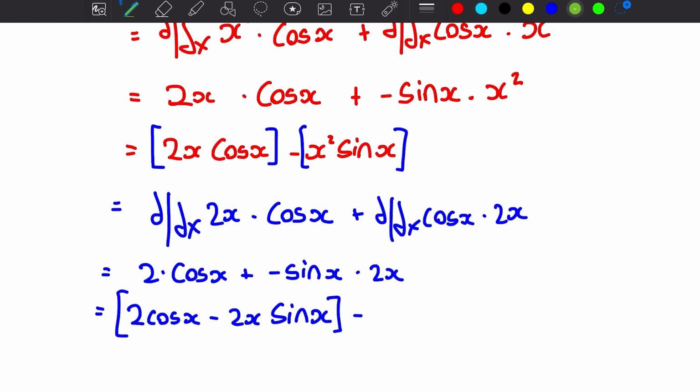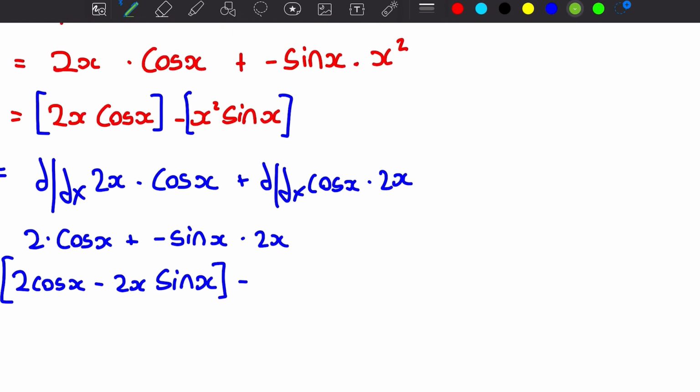And this is just one part, and it should be subtracted by this over here. So we'll do this side now. So the differential of x squared sine x, we'll work that out as, I'm trying to find which color to use. I'll use green.